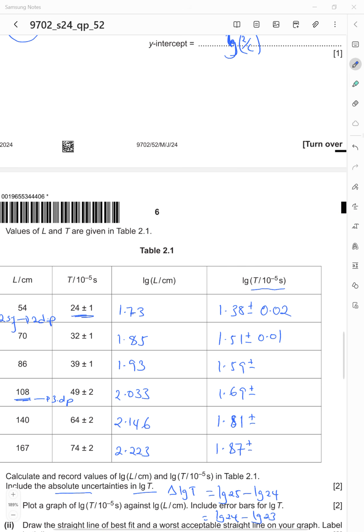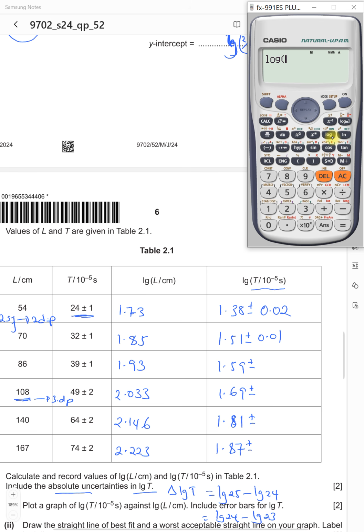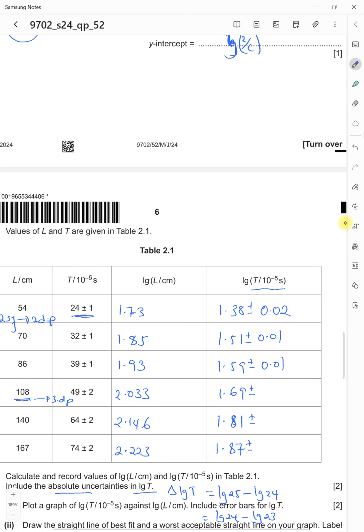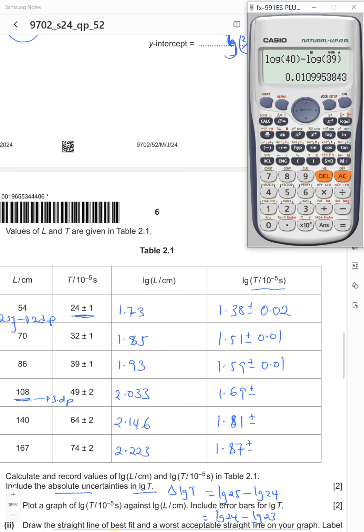The next is log of 40, that is 39 plus 1, then minus log of 39. So this is also 0.01. The next one is log of 49 plus 2, that is log of 51, minus the log of 49, which is 0.02 to one significant figure.